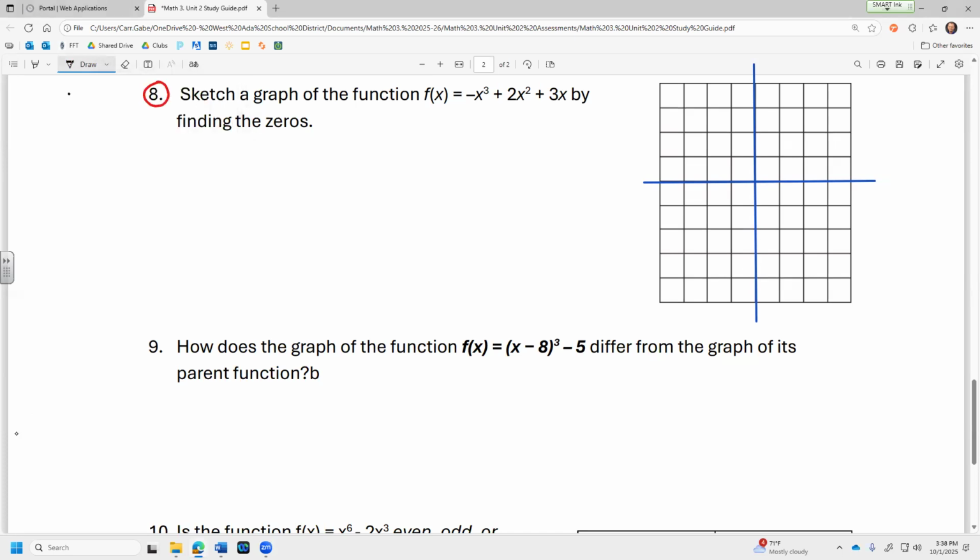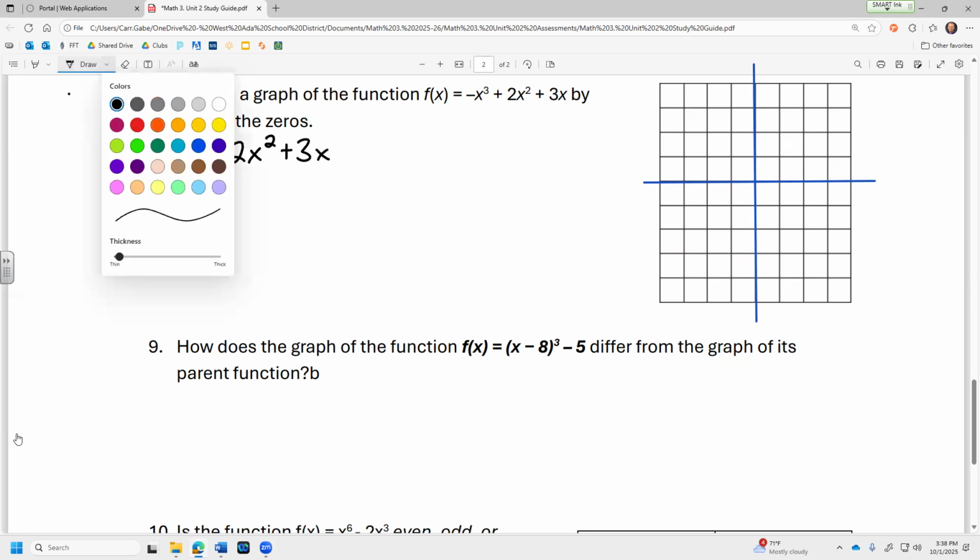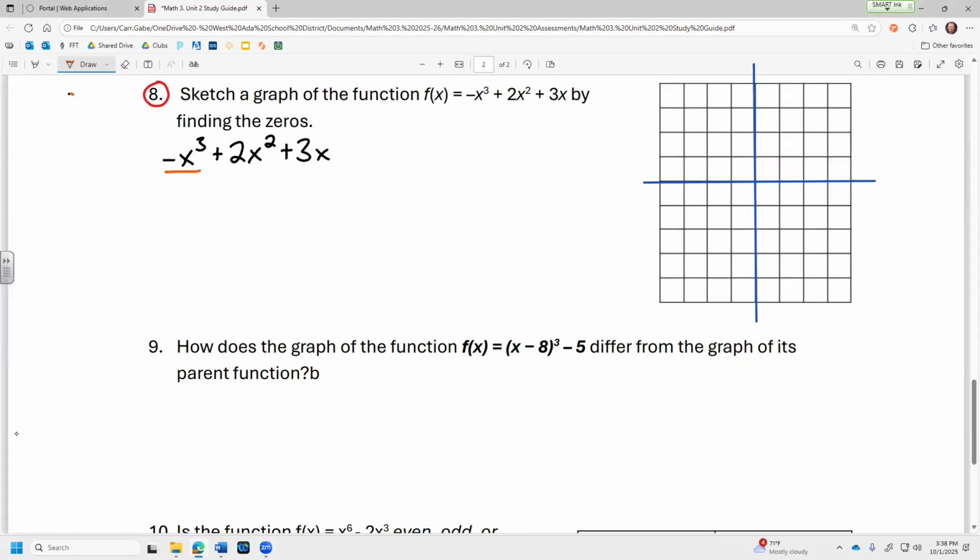So we've been given negative x cubed plus 2x squared plus 3x. All three terms contain an x variable. So we're going to factor out the x and rewrite our expression as x times negative x squared plus 2x plus 3.